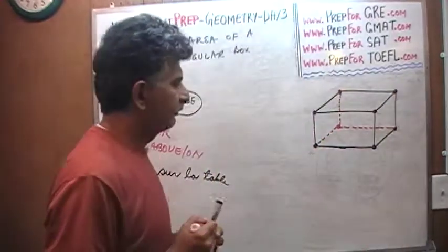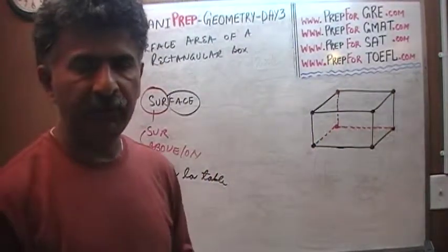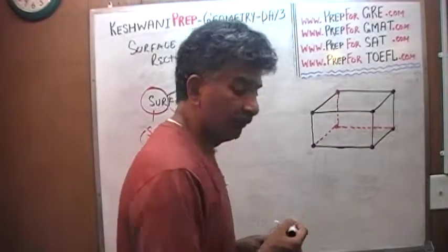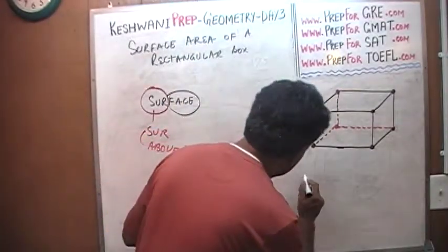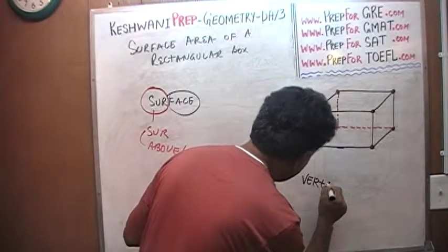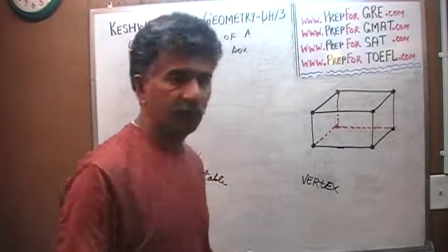These corners that I just showed you here with the red dots, we have the name for it. In mathematics we have a name for them rather. We call them vertex. What does vertex mean?